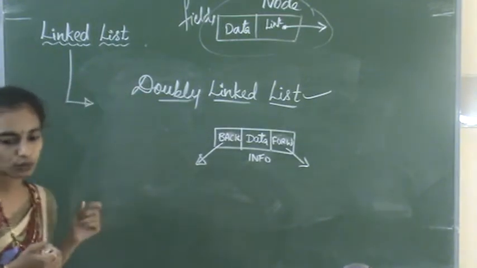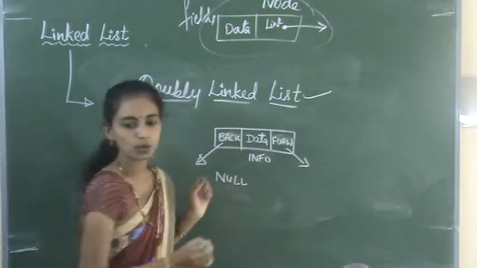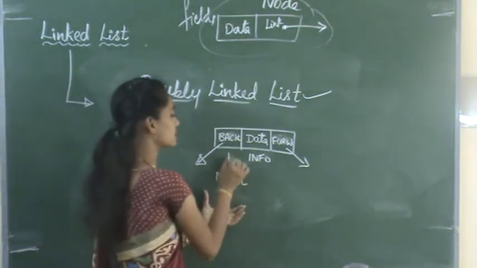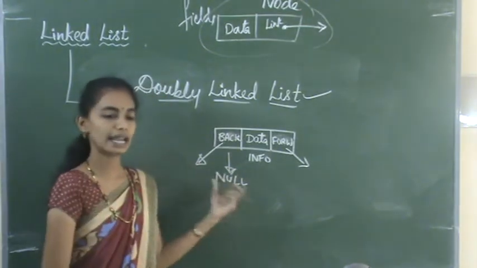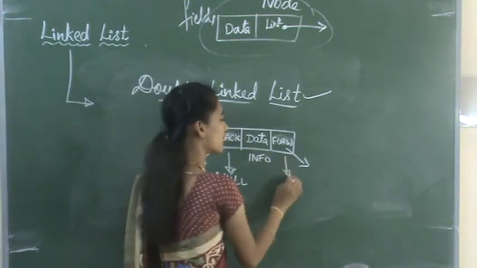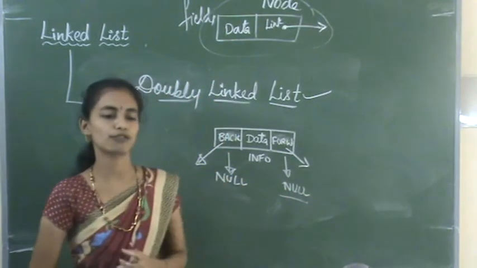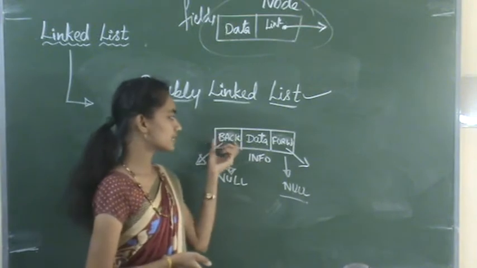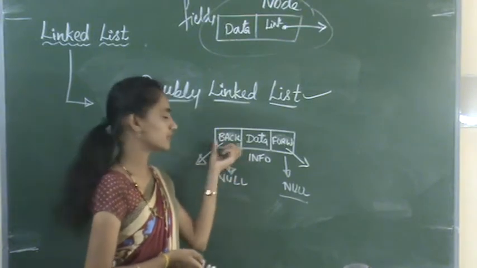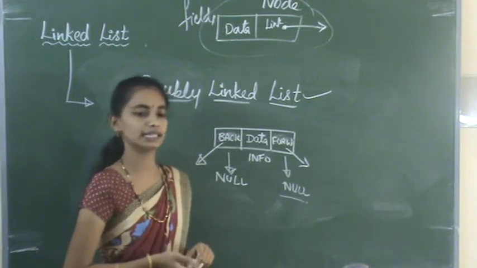If the backward field is null, that indicates that this is the first element of the linked list.